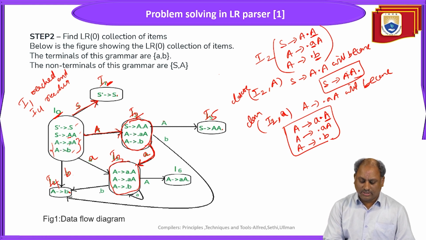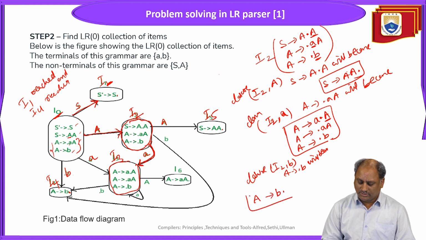So we have already written capital A, small a, and next we can perform closure of I2 with B, small b. A derives dot B will become A derives B dot. Now this state is also already available, that is I4.